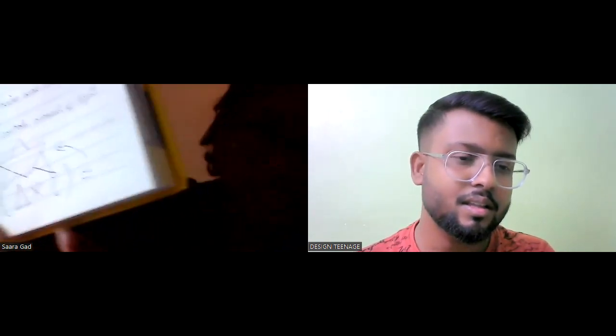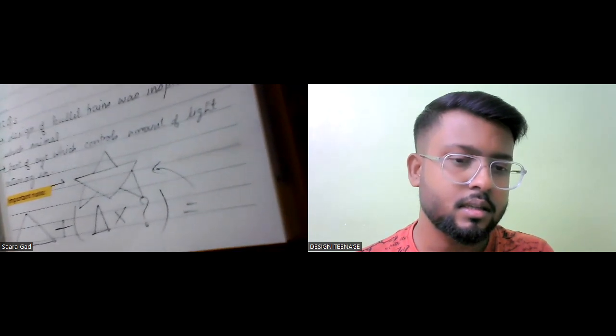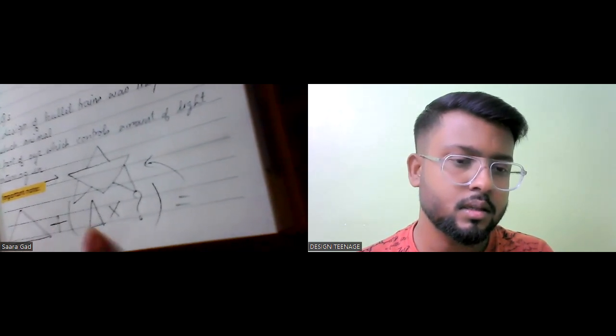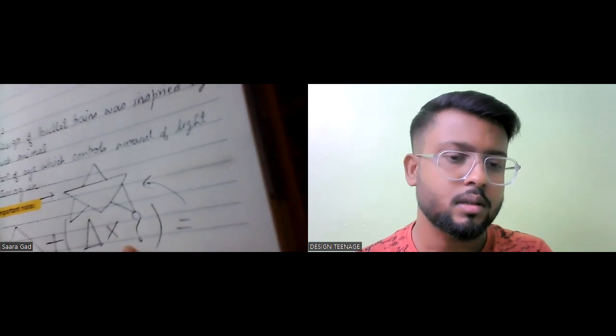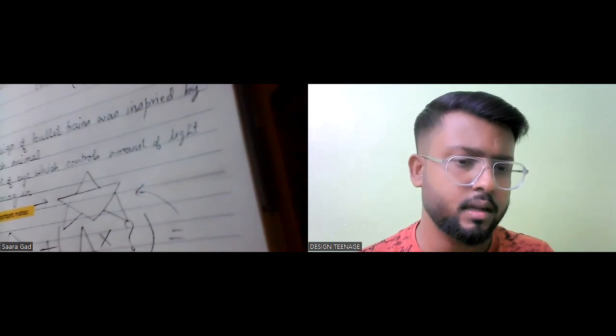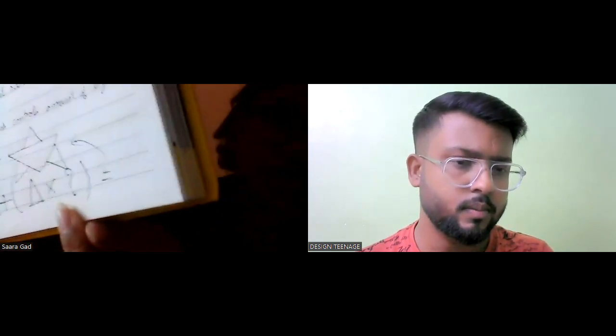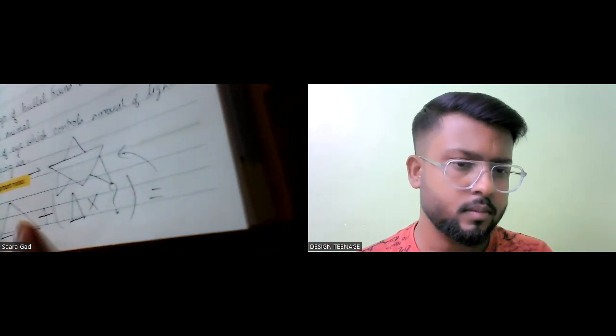Can you see this? Yeah, I can see it. So we had to put a number over here, or a shape. No, it was a number, because the bigger triangle is turned upside down, right?